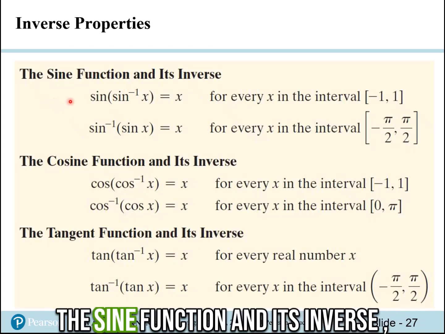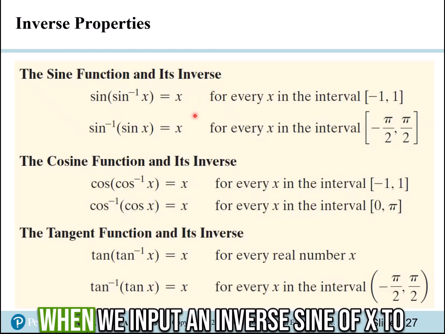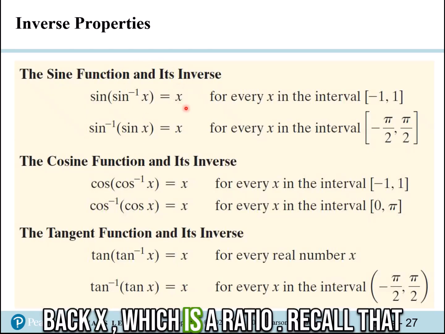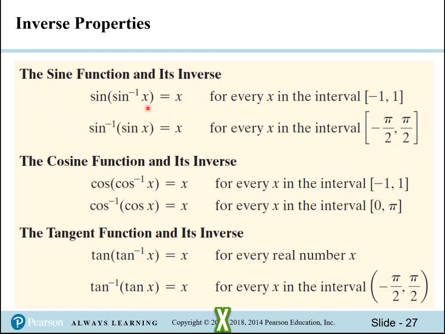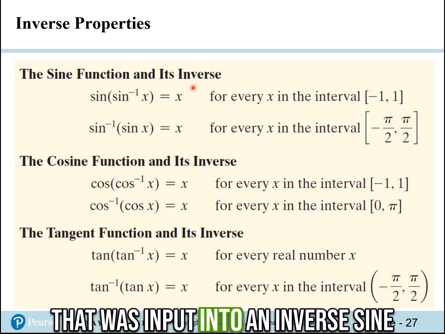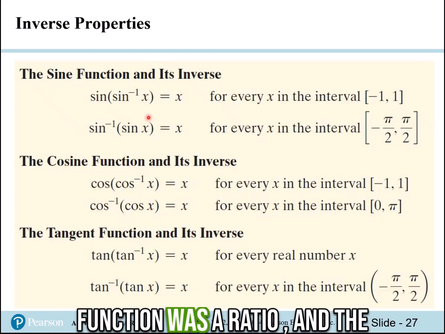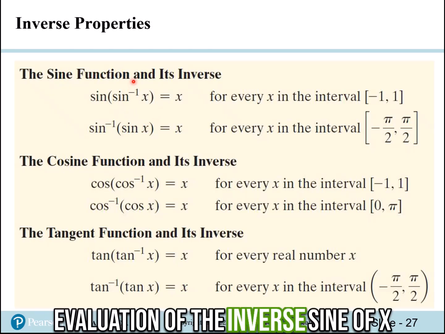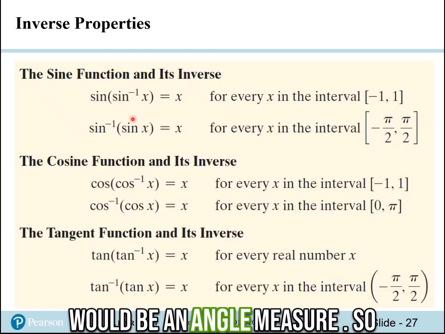So over here, the sine function and its inverse, when we input an inverse sine of x to a sine function, we should get back x, which is a ratio. Recall that x that was input into an inverse sine function was a ratio, and the evaluation of the inverse sine of x would be an angle measure.